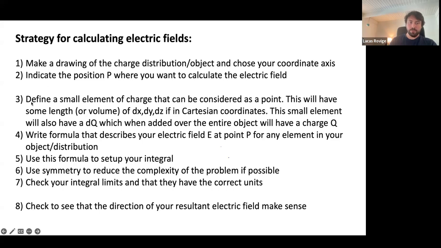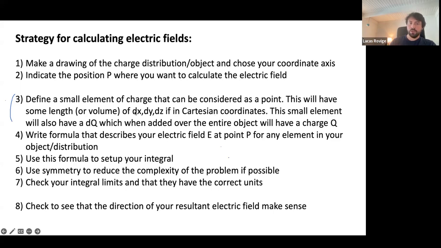Then we have to do something that is specific to integral calculus: define a small element of charge that we can consider as almost a point charge, with some infinitesimal length or volume of dx, dy, dz in Cartesian coordinates, or if we are in cylindrical coordinates, it can be r d theta.